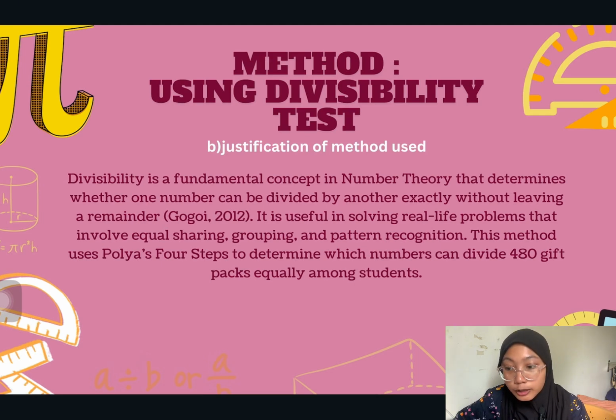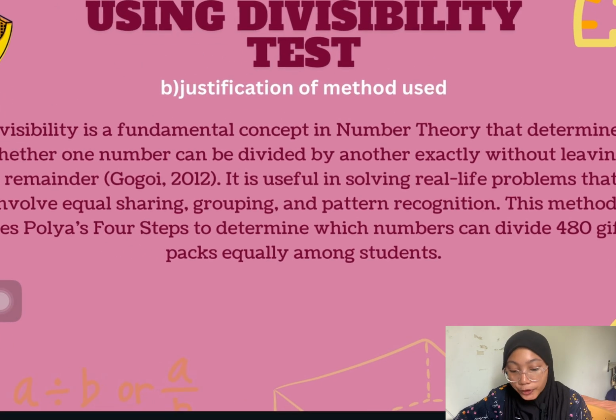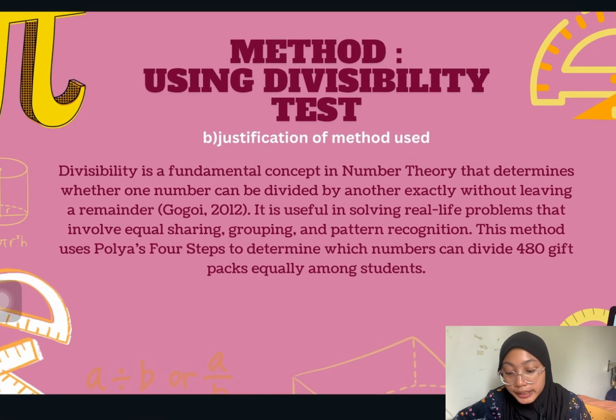I decided to use the divisibility test as my form of representation because it provides a clear, logical, and fair method to check whether numbers can divide evenly without leaving a remainder. Divisibility is a fundamental concept in number theory that determines whether one number can be divided by another exactly without leaving a remainder, by Gogoi, 2012.